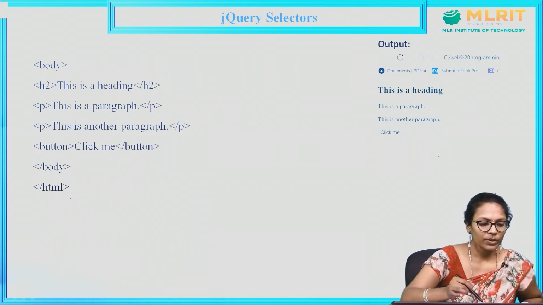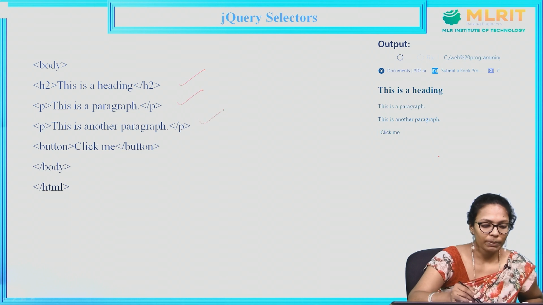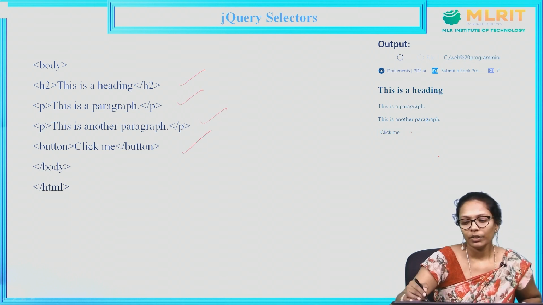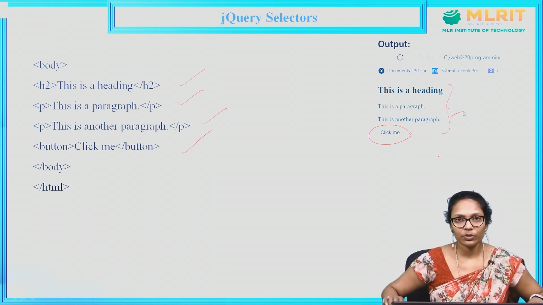So what are the elements we have? We have H2, we have P, another paragraph and followed by button. If you click on this button, all the elements should be hidden. Try to execute this program.